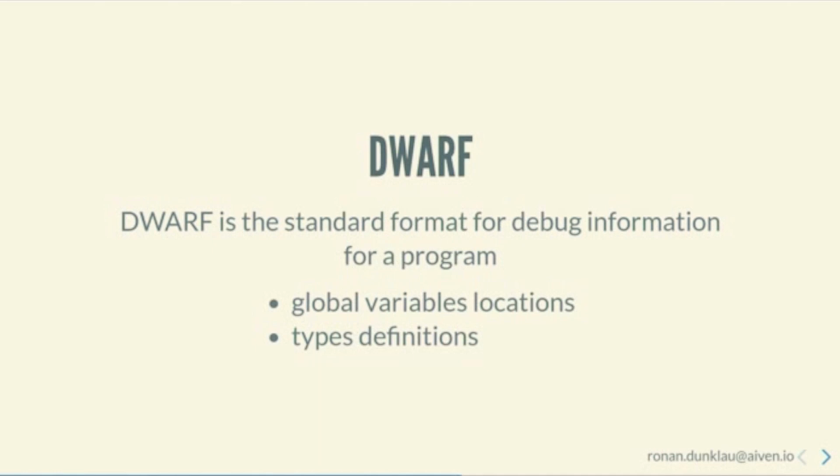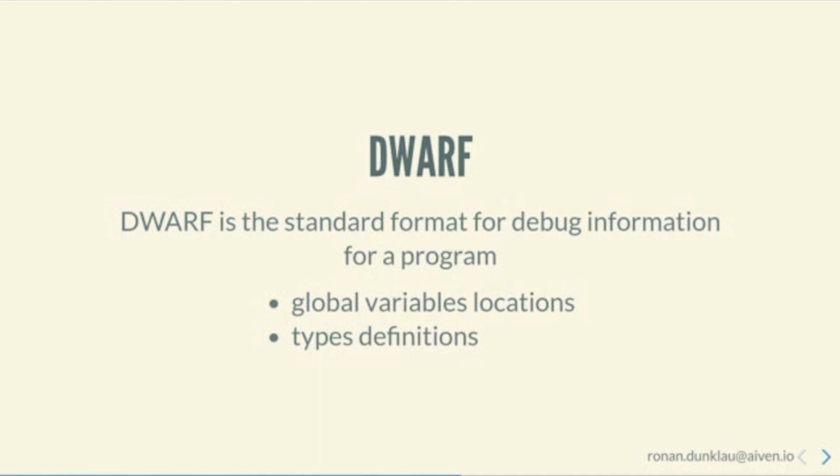Anytime you run GDB, it will use the debug symbols that are embedded either directly in your ELF file or in a separate debug info file, and it will use this exact information to give you all you want to know about your program, to know that at this specific point you're inside this specific function, that the argument to this function is of this type and it contains those members, and so on and so on. This is all information present in the DWARF debug information.